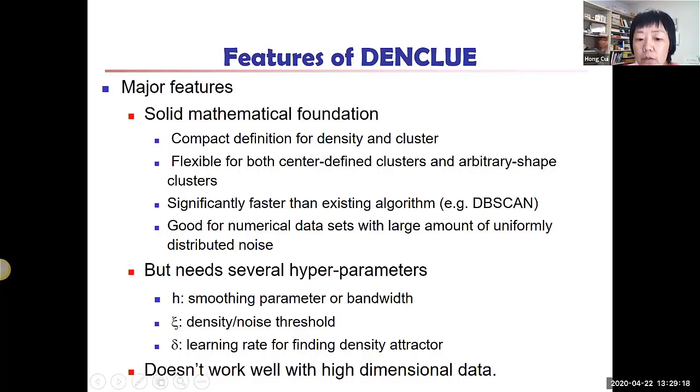It doesn't work well with high dimensional data. Most clustering algorithms do not work very well with high dimensional data, because in high dimensional space, distance is not that well defined. For DenClue, high dimensional data all looks like uniformly distributed data, so it's hard to find those attractors. It will find good clusters, but it will miss lots of clusters.